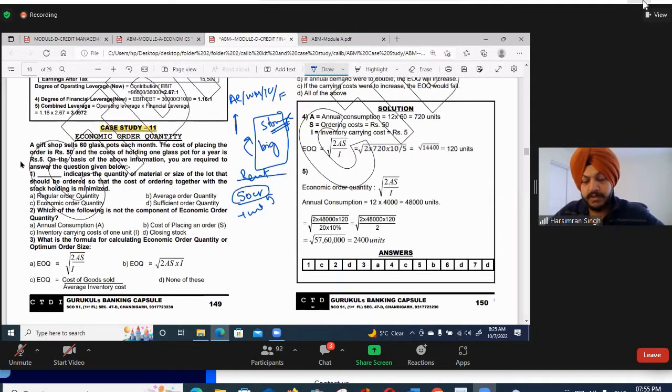Instead of 50 crore, only 7 crore will be blocked. Because when he places the order, instead of making the payment of 50 crores, he will buy goods worth 7 crores. His interest cost will also reduce. He needs a smaller godown. His storage cost will reduce.